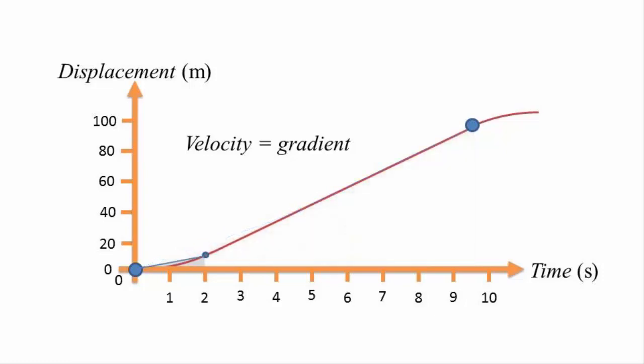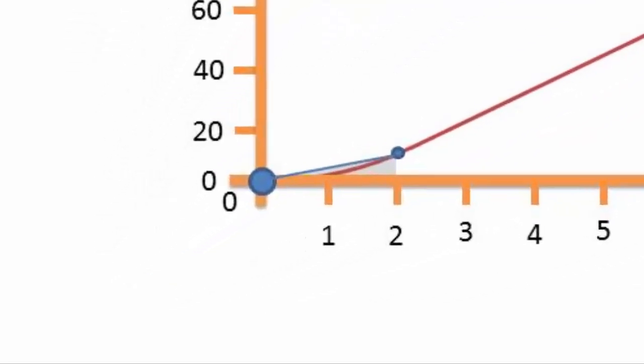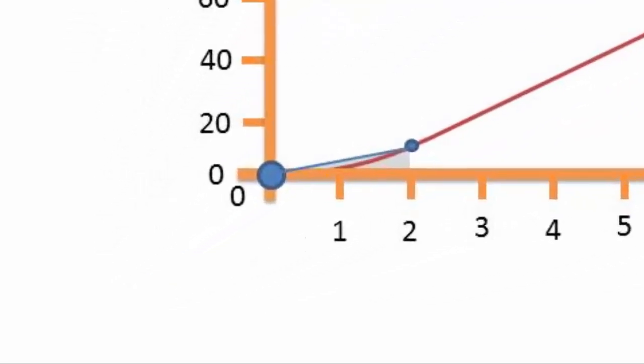Now let's reduce the time interval even more and consider the first 2 seconds of the run. Now the gradient of the line represents the average velocity during the first 2 seconds. Let's reduce the time interval even more and consider an interval of 1 second, say between 1 second and 2 seconds. Now the gradient of the line represents the average velocity during the time interval of 1 and 2 seconds.